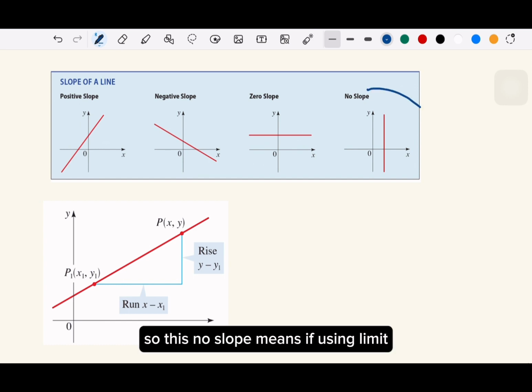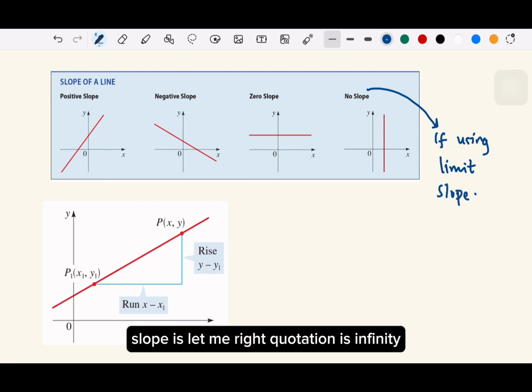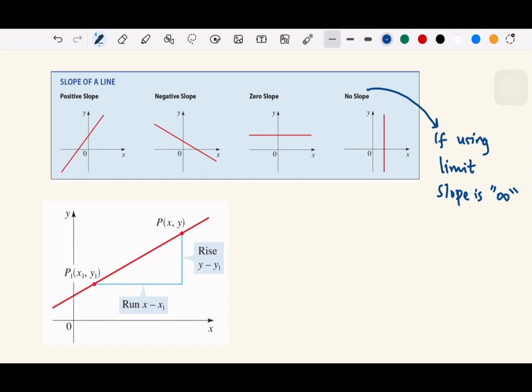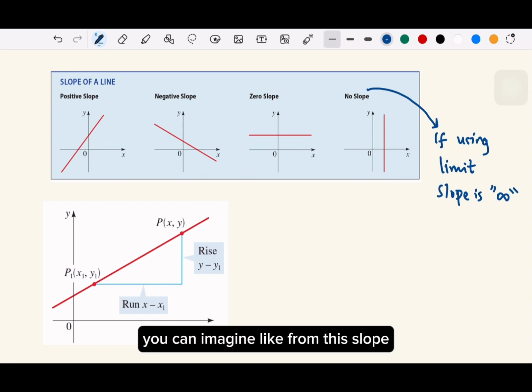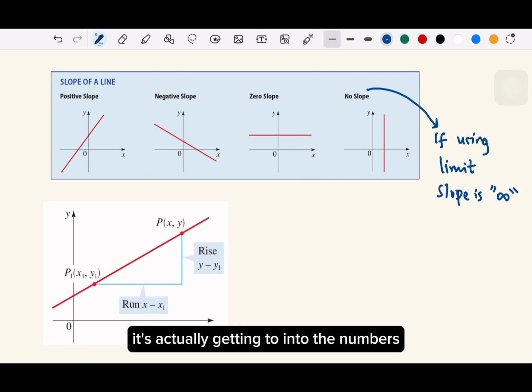So no slope means, if using limit, the slope is, let me write in quotation marks, infinity. Later in calculus, you can imagine increasing this slope, and as you get closer to a vertical line, it gets to infinite numbers.